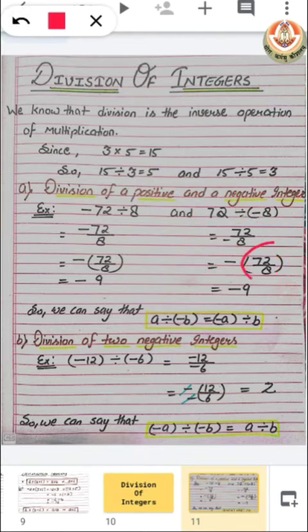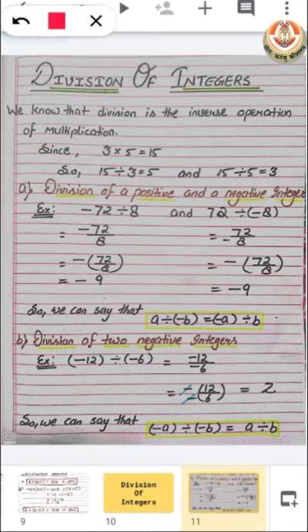So we get 9 for the answer. Now minus is already taken as common, so again we get the same answer. That means whether we divide a negative integer by a positive or a positive by a negative, we get a minus sign in the result.